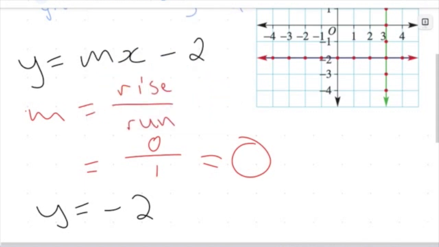I have this point here, that's going to be -2 in the x and -2 in the y. This point is going to be -1 on the x, -2 in the y, and this is going to be 0 in the x and -2 in the y, and so on and so forth.